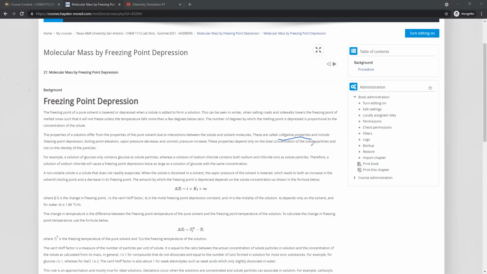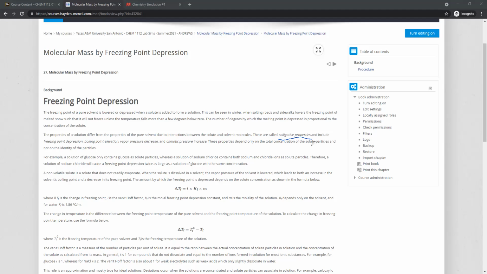You might have learned this in lecture already, but colligative properties are properties of a liquid that change when you dissolve a solid in it, right?